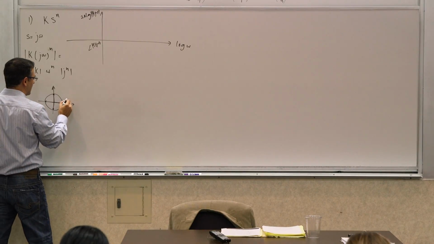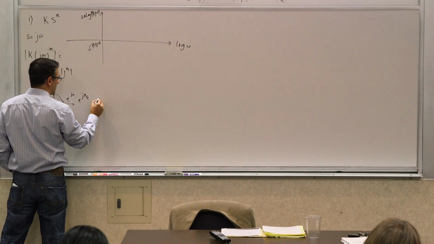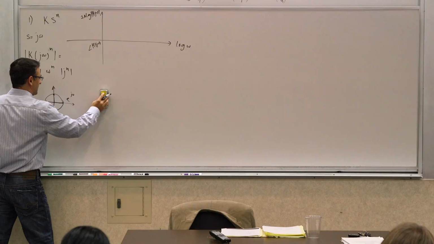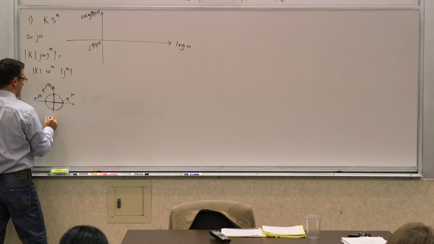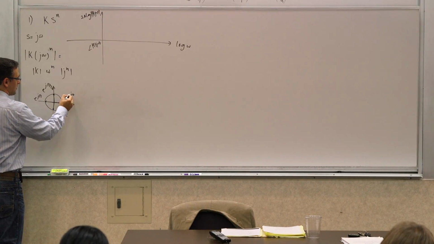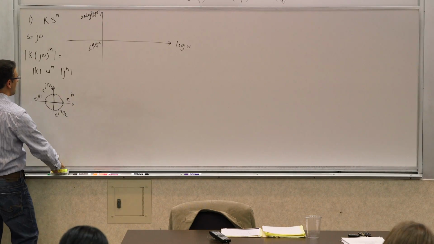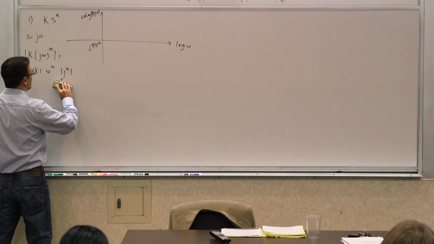You can think about them as e to the j0, e to the j pi over 2, e to the j pi, e to the j 3 pi over 2, and e to the j 2 pi. So the magnitude of that part is 1, and we don't have to worry about it.